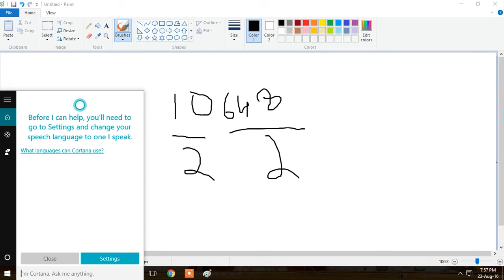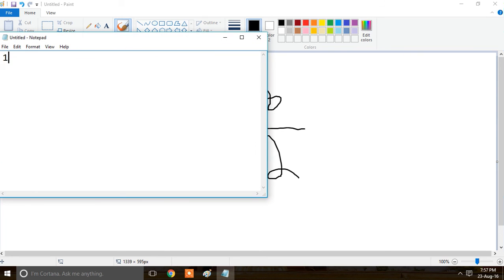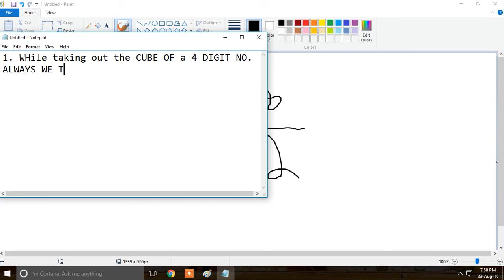Some short notes for this trick: I'm writing them on the notepad and I will also dictate them to you. First, while taking out the cube root of a 4-digit number, we always take 1, 2, whatever comes.